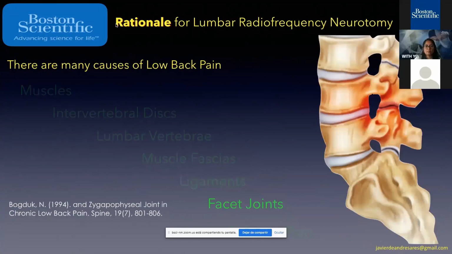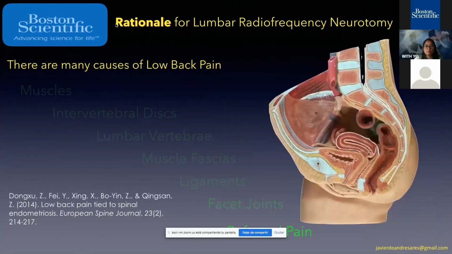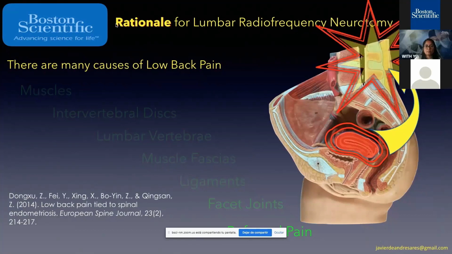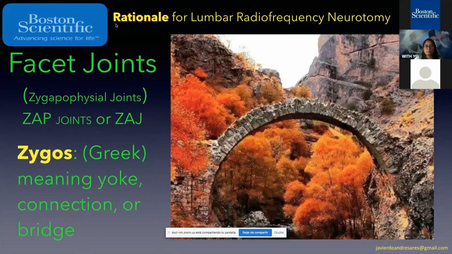Facet joints are also obviously, and it's the main topic of this webinar, a source of low back pain. And there is also referred pain from other structures, from pelvic organs. We all know, for example, endometriosis can be an important source of low back pain, sometimes very difficult to treat.